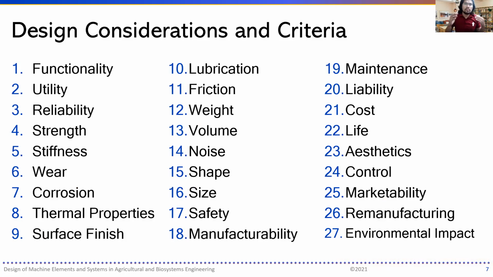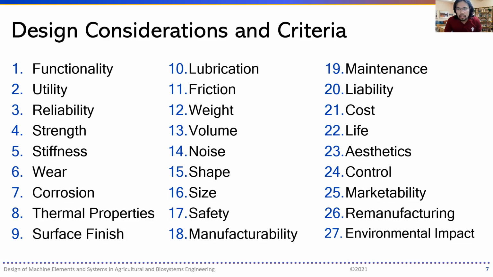Now, it has been said that in the synthesis, certain criteria have to be considered, and here are various design considerations and criteria that an engineer can make use of to determine the actual, the best or the optimal solution.